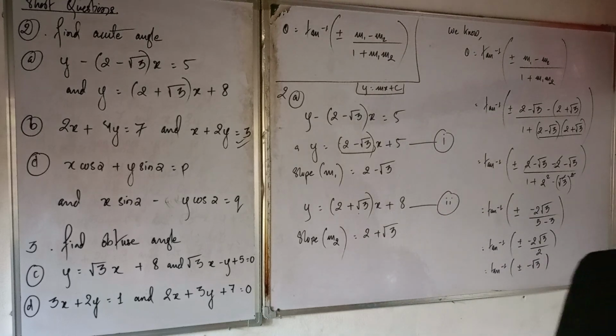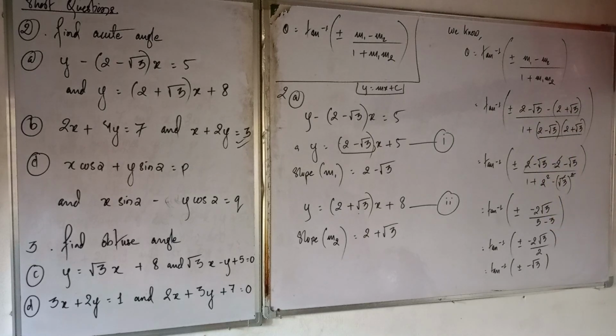Okay, so you can see here in this case, if you take the positive sign, then the internal value will be negative. If the internal component is negative, it will give you an obtuse angle. So for number 2 the answer, we will be needing the acute angle. For that, we will be needing the positive value.